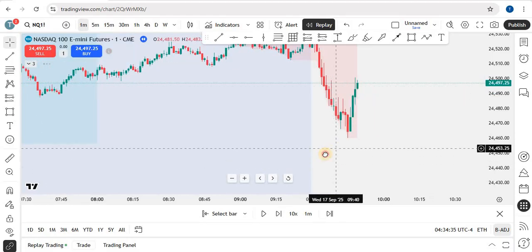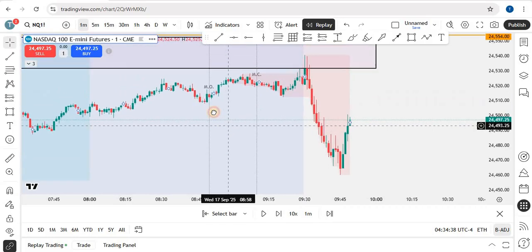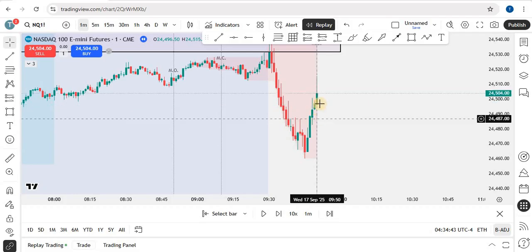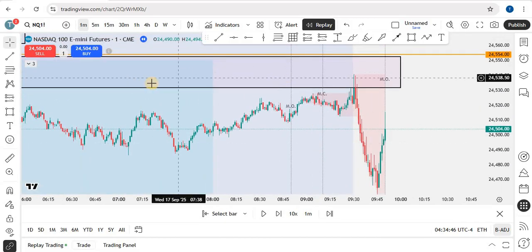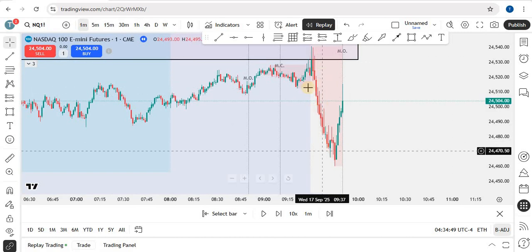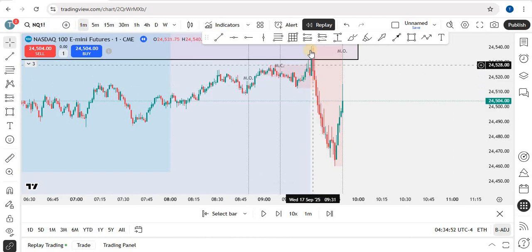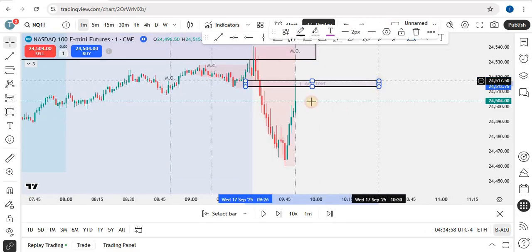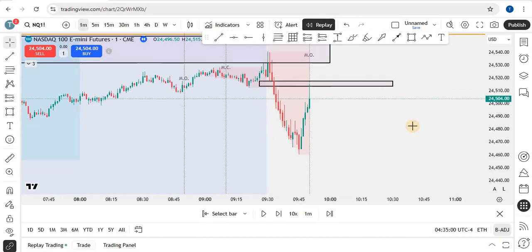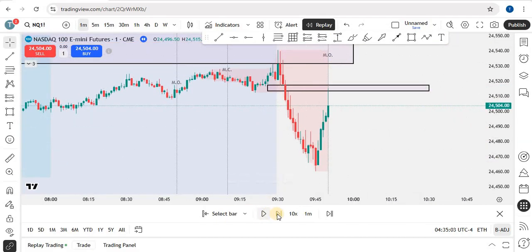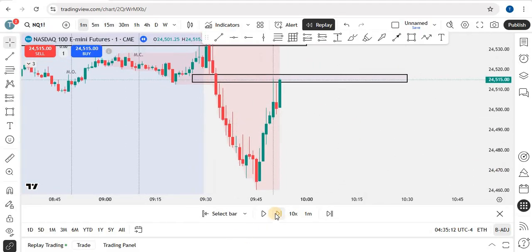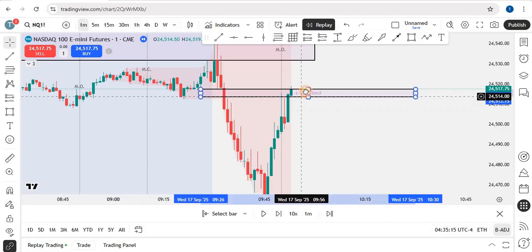Let me open the macros. Macros open, okay, we have a perfect everything. We have this ICT CRT, ICT 2022 model plus optimal trade entry. We reach into the fair value gap in the premium, okay, and then in the macros hour we have to wait for inversion.